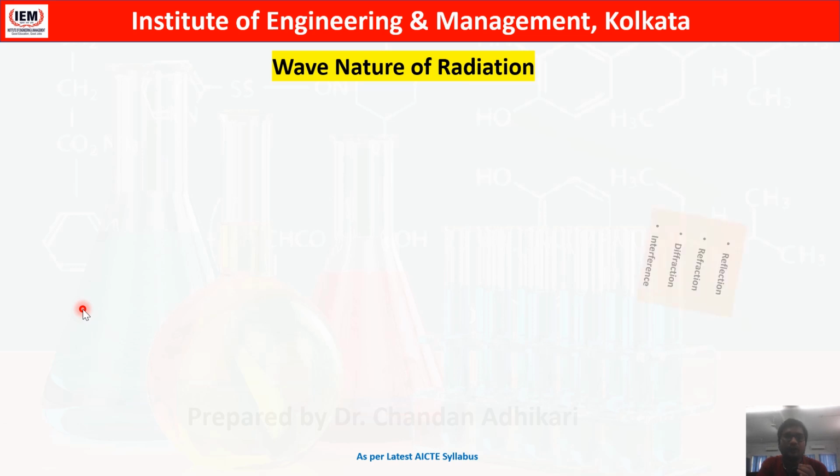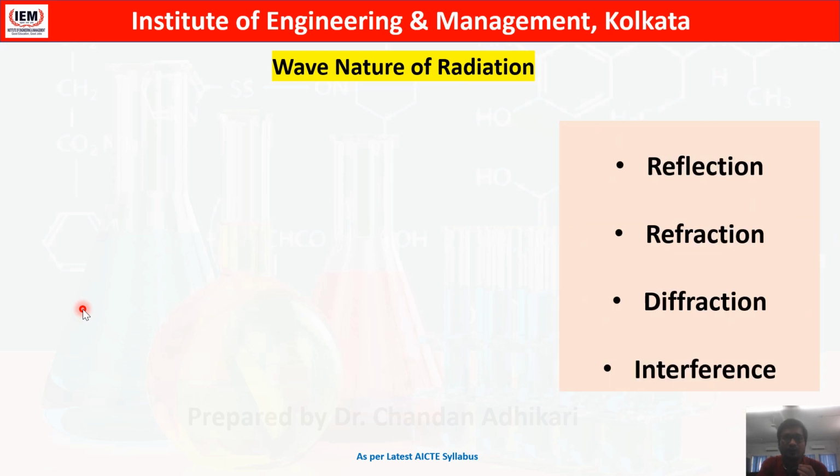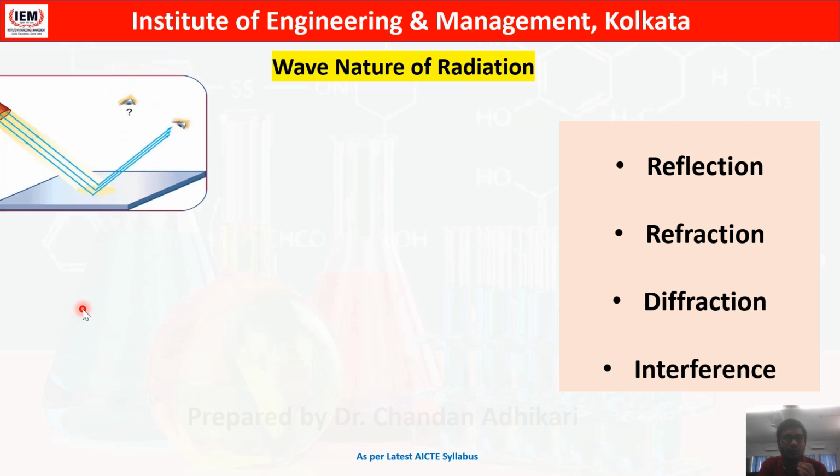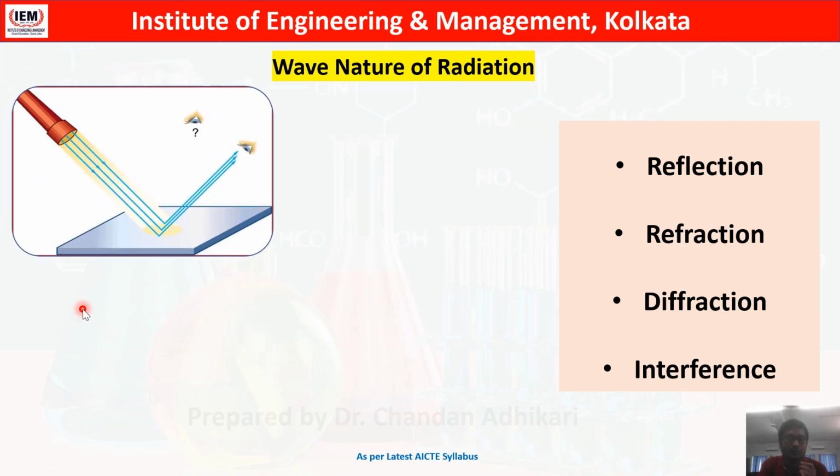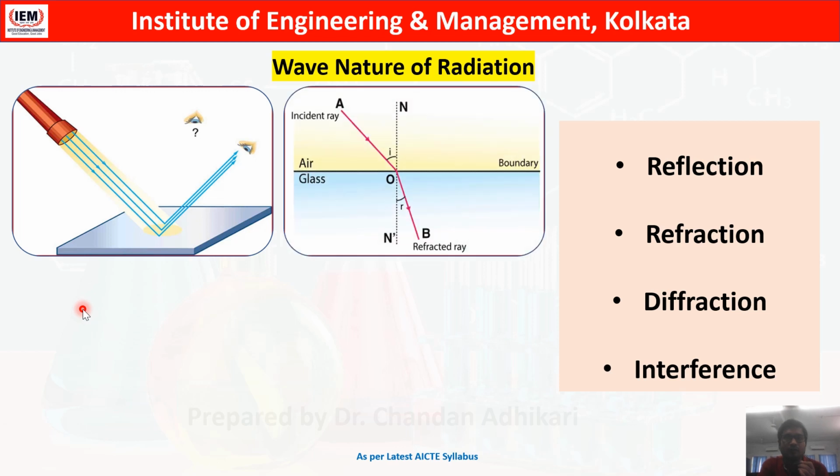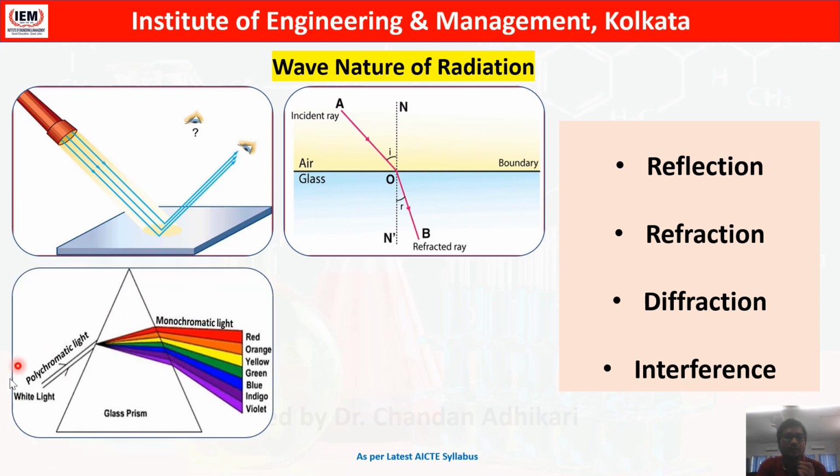There are very fundamental phenomena which you already understand from your +2 level, that is reflection. Then we have refraction. We have diffraction, if you pass visible light through a prism, then different colors appear, the whole visible spectrum is there.